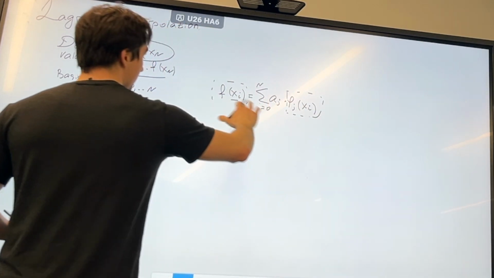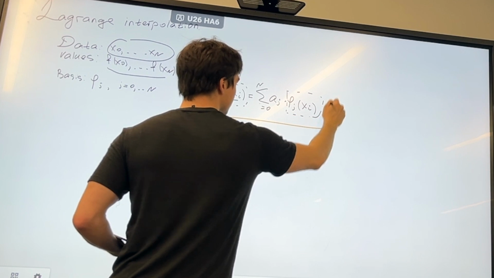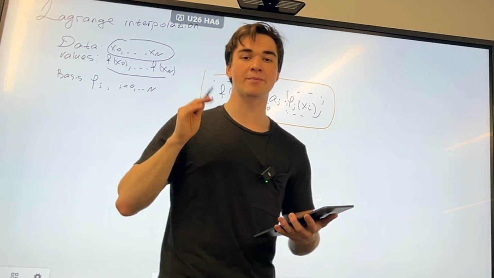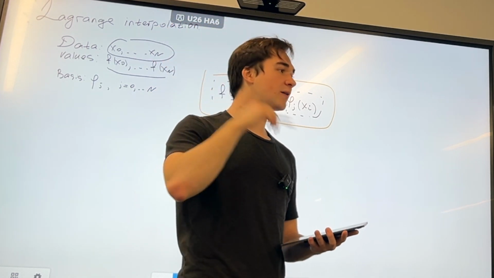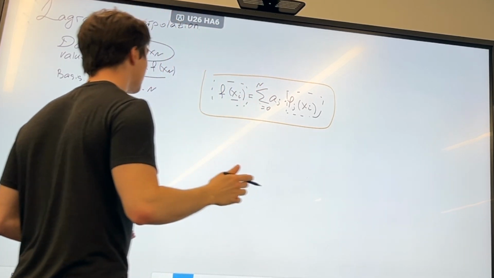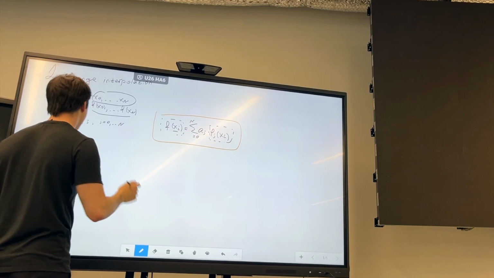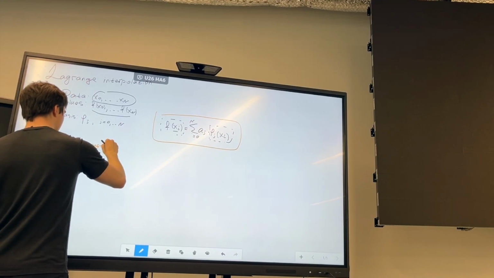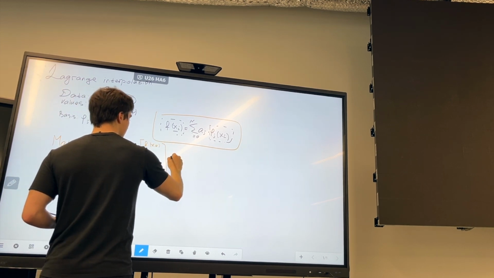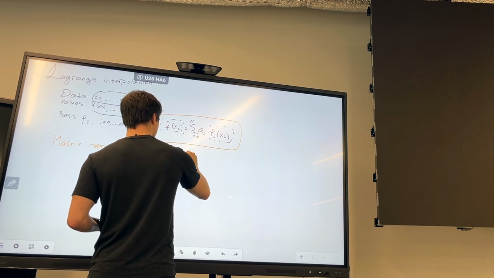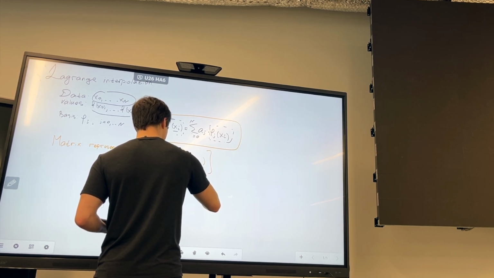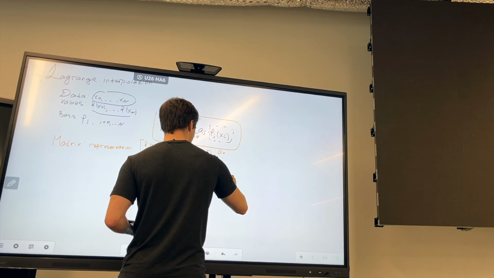Let's rewrite our interpolation a little bit in a different form. Here we will use a matrix representation, which will be helpful if you want to implement it numerically, and later we will use matrix representation a lot. So we start with the matrix representation. Here is our matrix consisting of our basis at data points, and here are our coefficients, a0 to an.